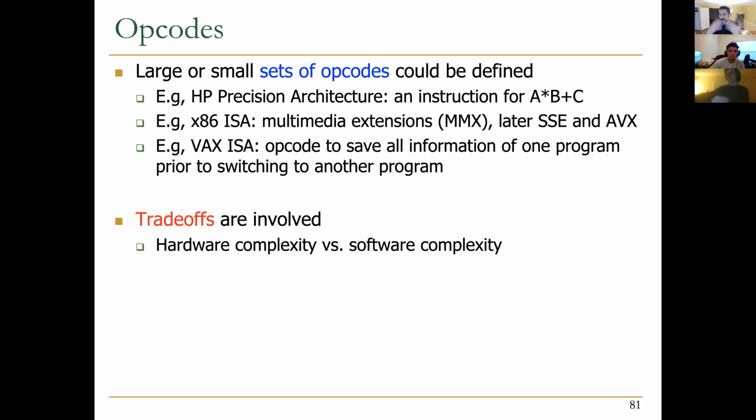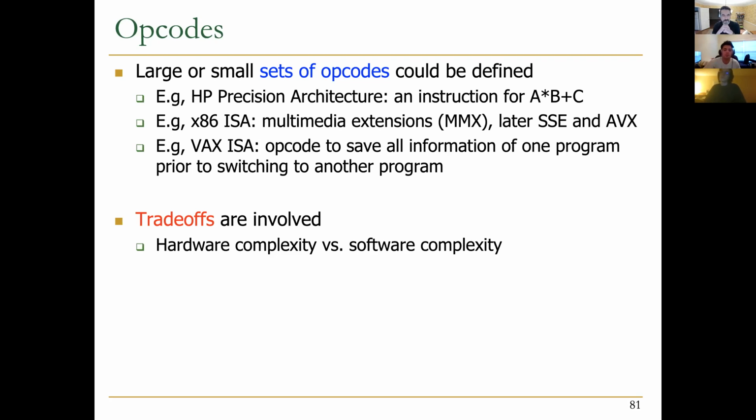And there are different trends in industry and different discussions, because it affects not only the burden or complexity from the hardware side or software side, it also sometimes affects performance as well.